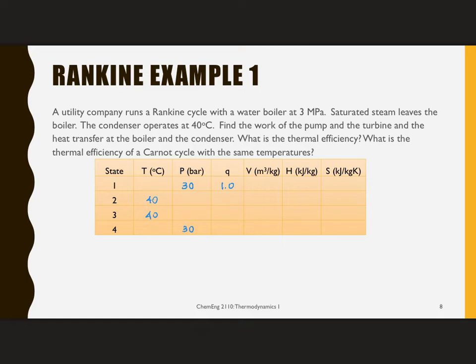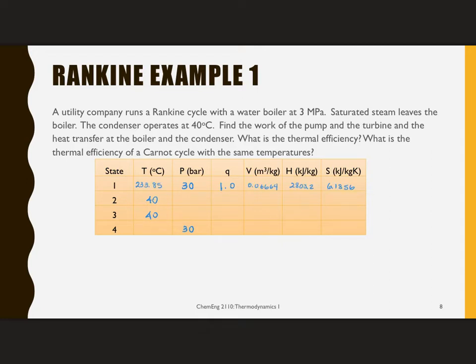So, what do we do from here? The key thing is that anytime we have 2 pieces of information, we know that we have enough information to look things up in the data tables. In this case, only state 1 has adequate information to look things up. So we want to look up saturated steam at a pressure of 30 bar.